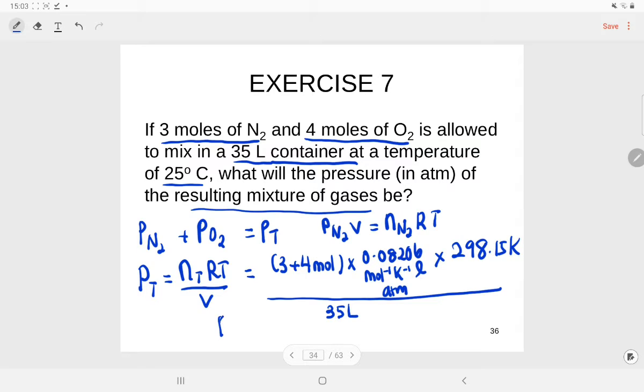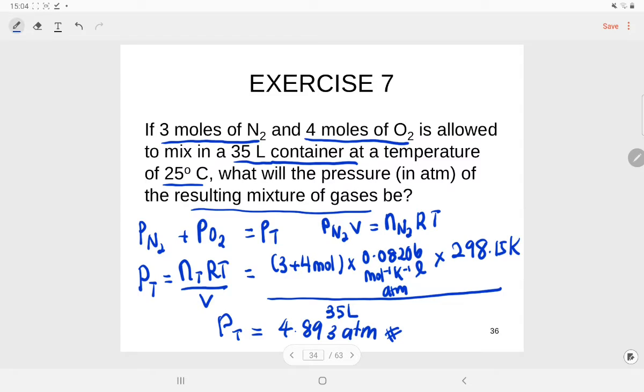Now press your calculator to get the value of total pressure. Have you calculated it? You will get the same answer as mine, which is 4.893 atm. So this is the final answer.